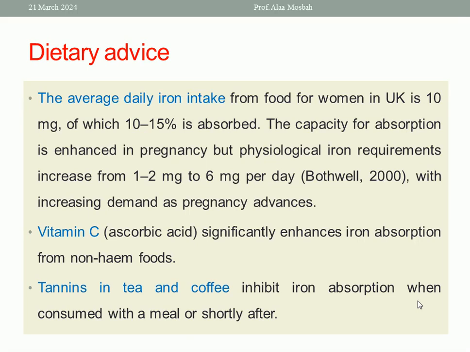We know that iron is important for DNA synthesis, for electron transport, for oxygen transport, for the function of certain enzymes, and for formation of hemoglobin. So iron has many functions in the body, and there is increased demand as pregnancy advances.